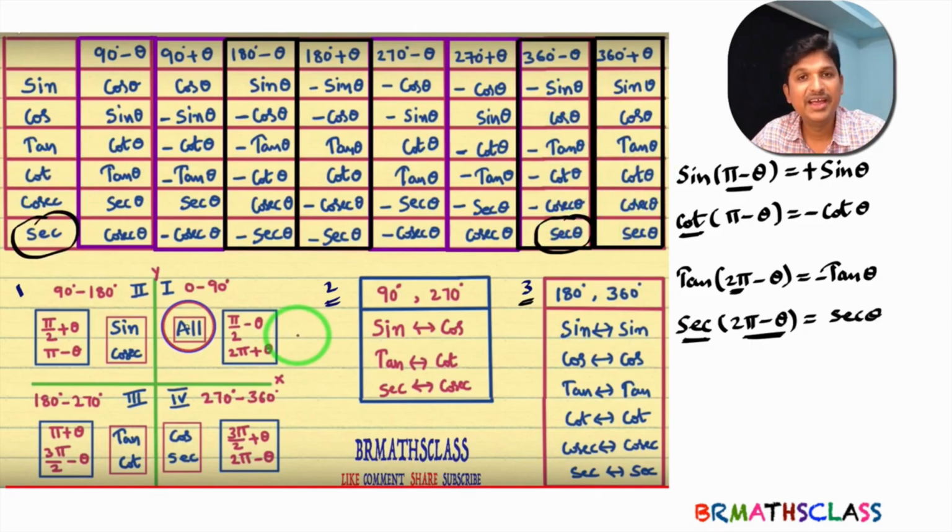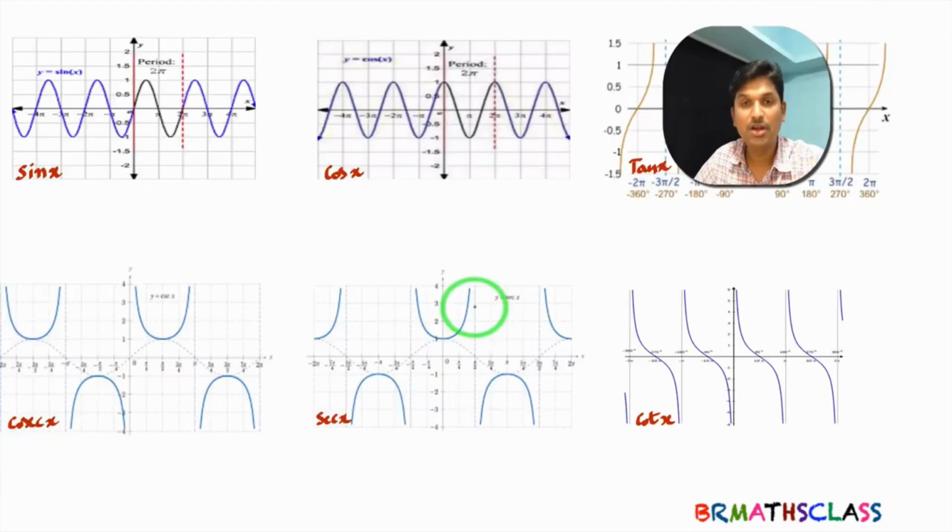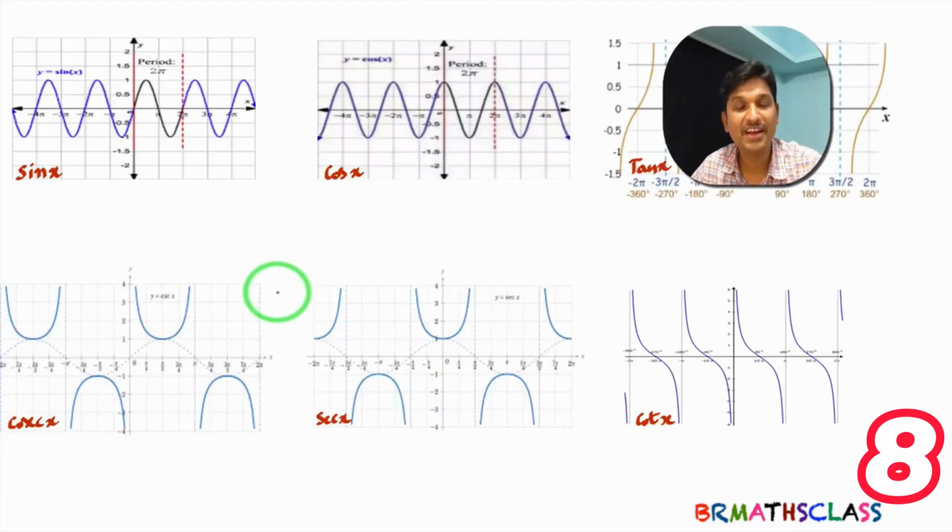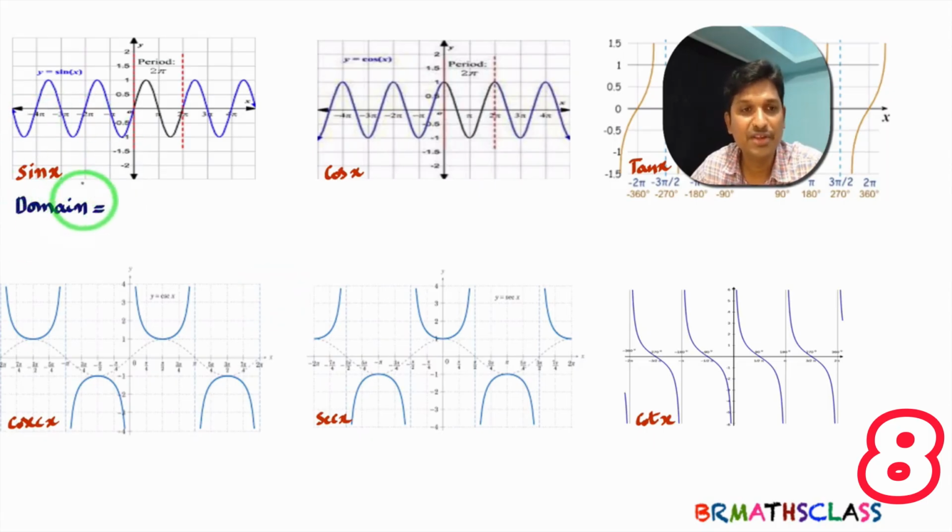Now we will learn the 8th set of formulas. Now we will learn the domain, range and graphs of trigonometric functions. You see the graph and you tell the domain of this. You observe the x-axis. It is defined everywhere on the x-axis. That means the domain of the function is all real numbers.